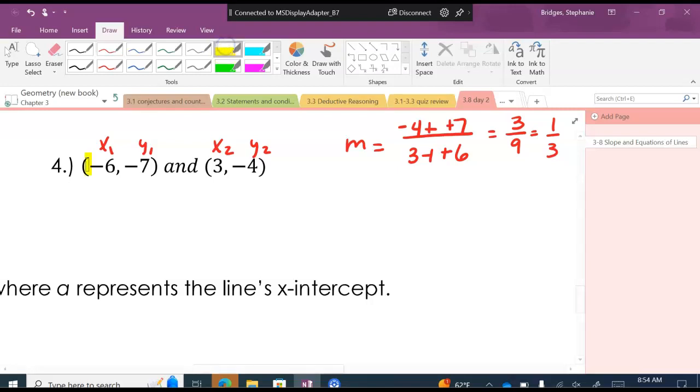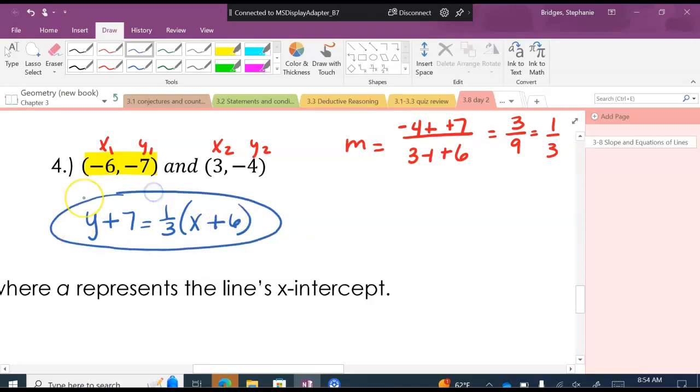And then I'm going to use my first pair that I already have labeled as x1, y1. It is going to be y minus a -7 turns to what? Positive 7 equals my slope, 1/3, times x minus a negative, which also turns positive. Is everybody okay with that?